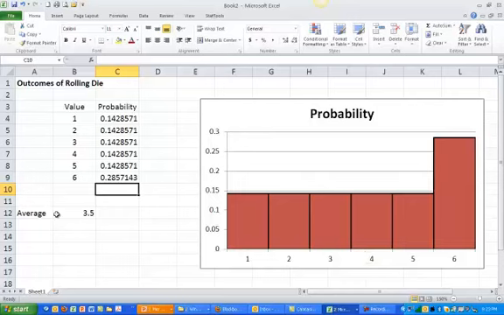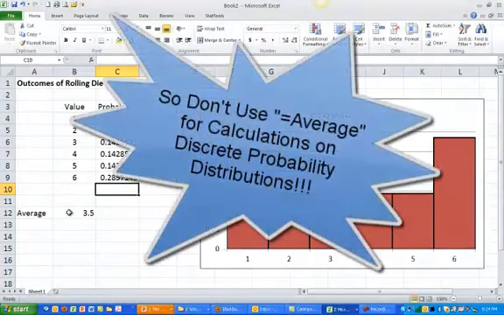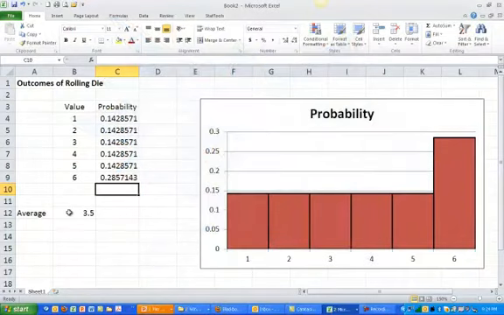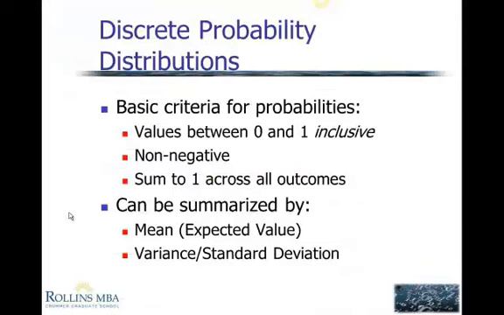However, if we took the average using the approach of summing up the values 1 through 6 and dividing by 6, then that's the number that we're going to get, 3.5. And as we can see here, that's clearly not correct. It turns out when we get around to calculating the mean or the expected value for a discrete probability distribution, we really have to take a different approach to finding this value.